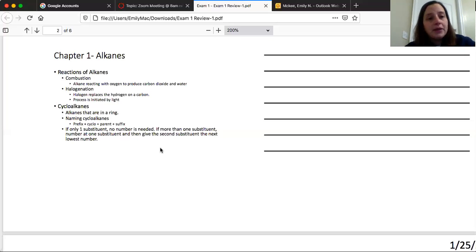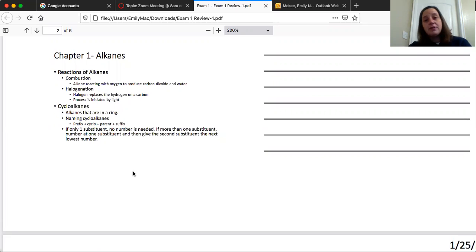Okay, so then we have cycloalkanes. Those are the carbons in a ring. We name cycloalkanes similar to alkanes, except we add cyclo to the name so that we know it's in a ring. So we have prefix, cyclo, parent, suffix.